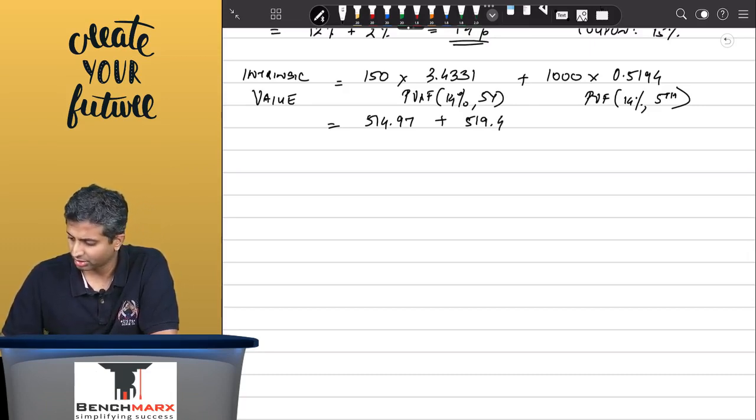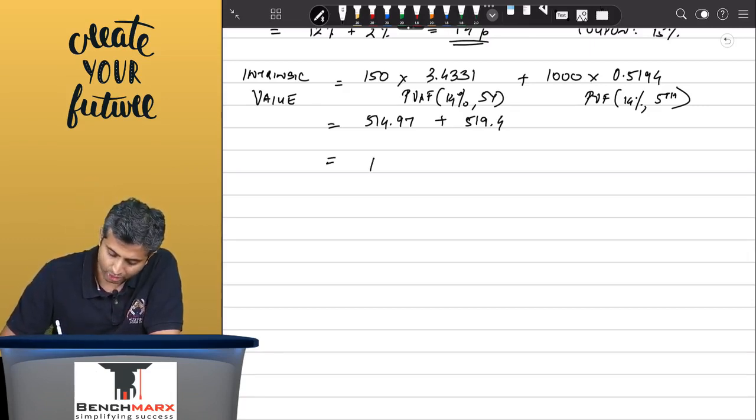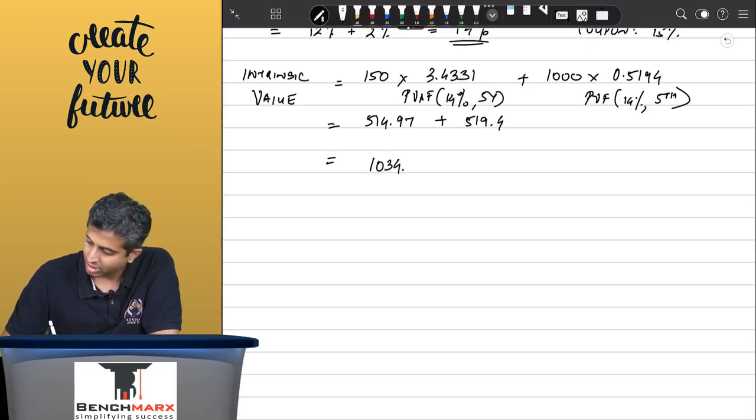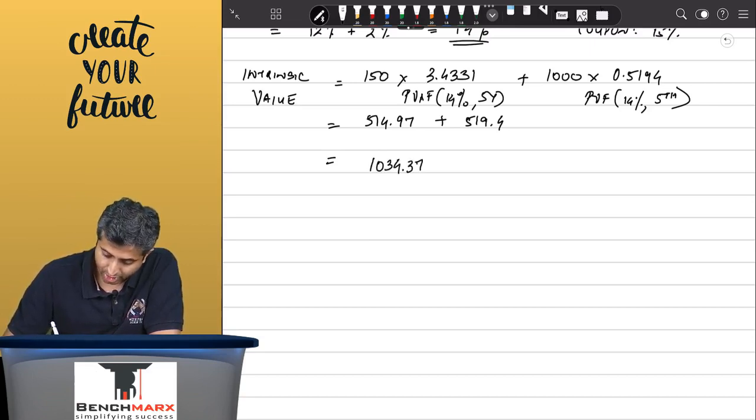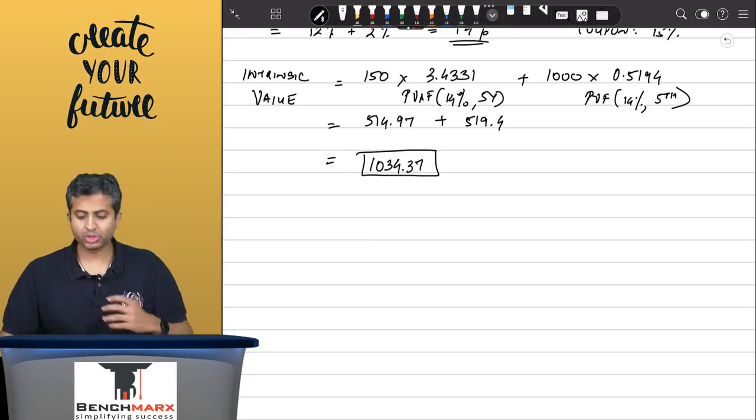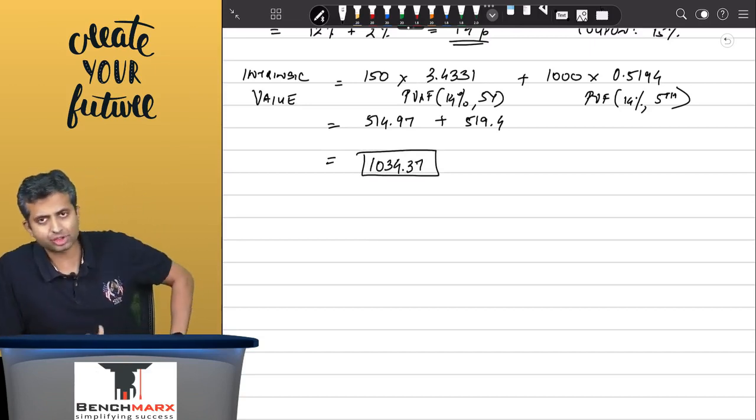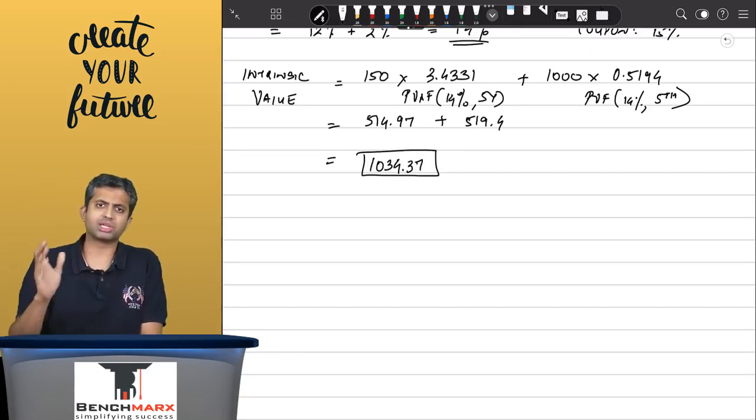So the total is 1034.37. So intrinsic value should be 1034.37. In an efficient market, in a fair market, that should be the same as the market price.